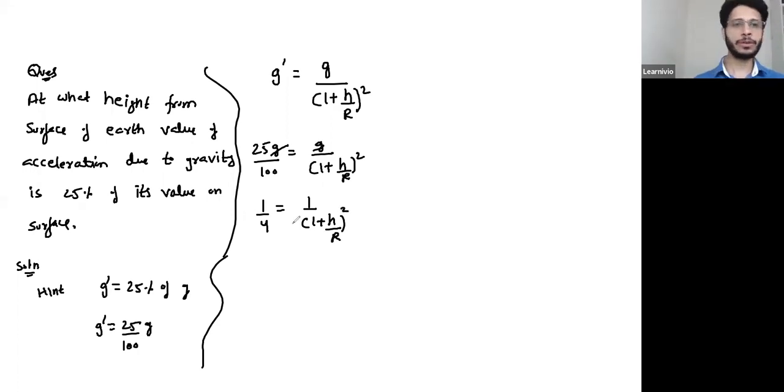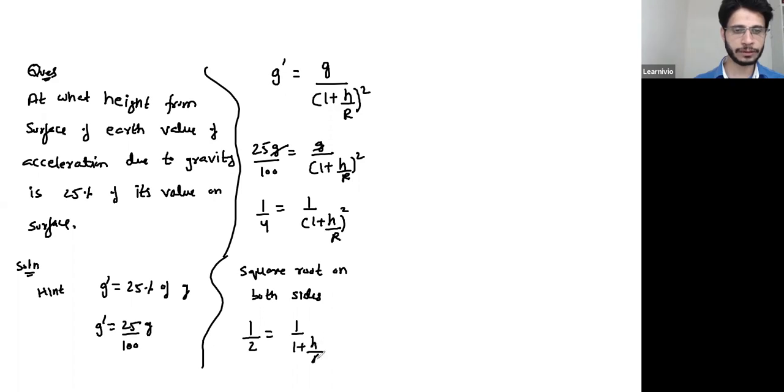The next thing that you can do is take square roots on both the sides. If you take square roots on both sides, then this will be 1 by 2 is 1 by (1 plus H by R). Cross multiply it.